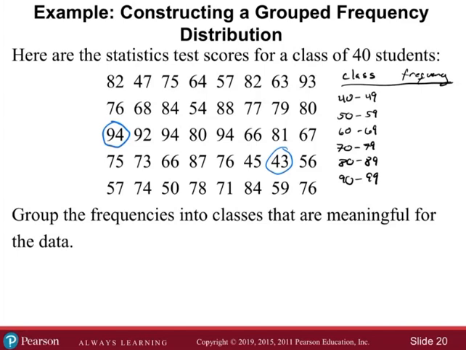So then 82 can go here. We'll cross it off. 47 is here.